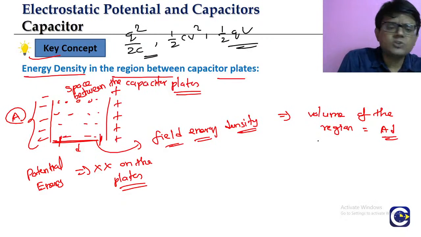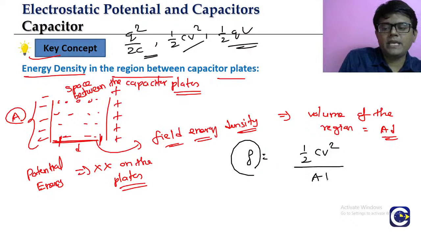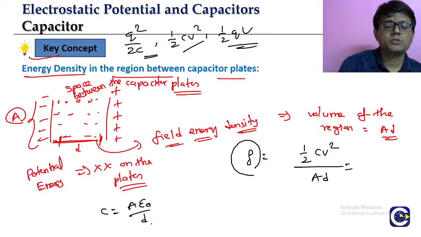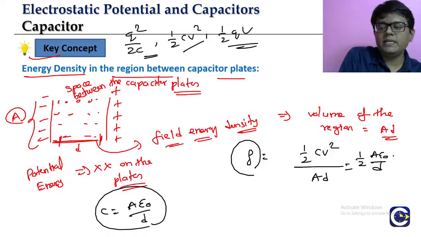Okay? So see, the energy density, let us represent this by the symbol rho, will be what? The energy value, in the form we use, let us say we will use this one: half CV square divided by volume, which is A into D. What is the value of capacitance? C is A into epsilon naught by D. Substitute: A into epsilon naught by D into V square divided by A into D. Here A cancels, and that D comes in the denominator.